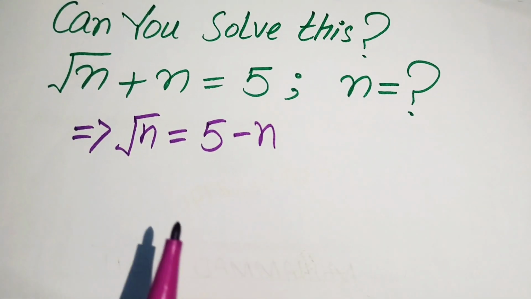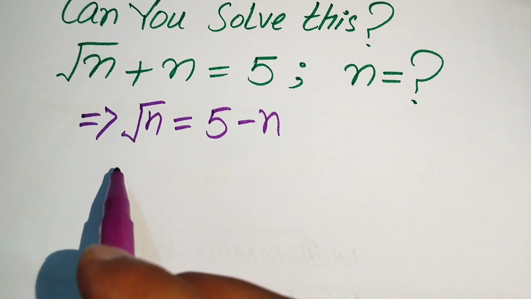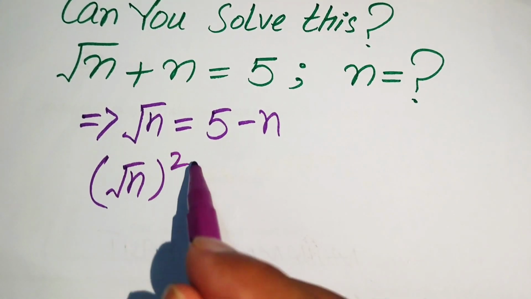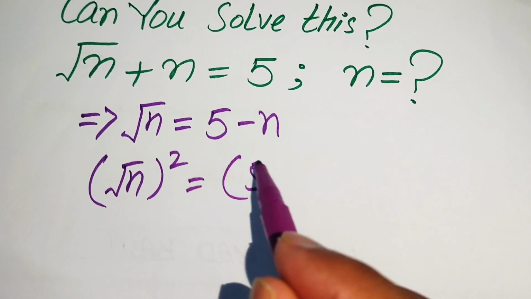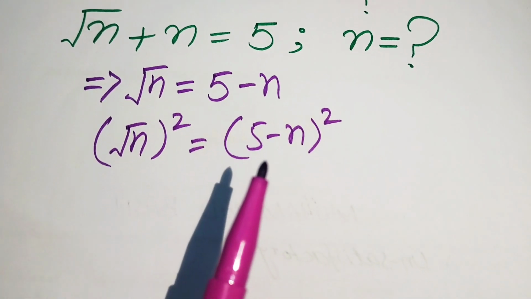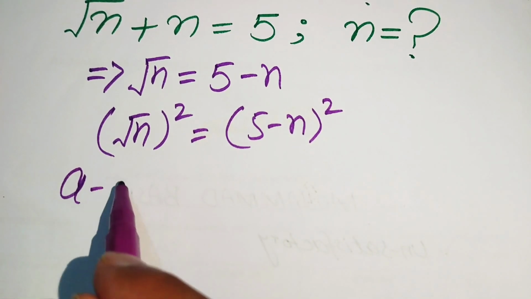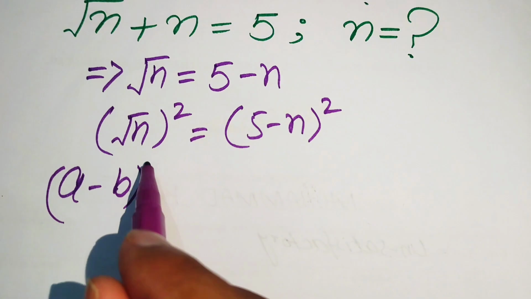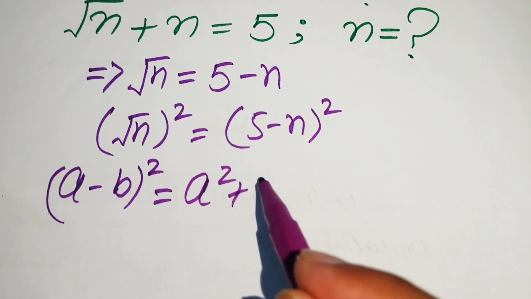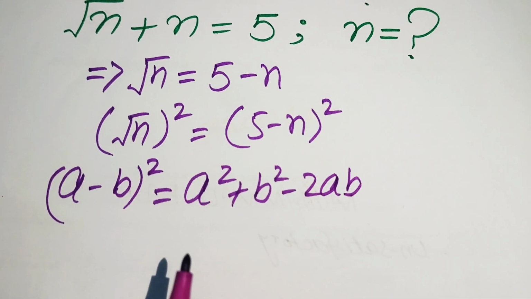And after that, in order to remove this square root sign, we need to take the square on both of the sides, and it will be written in this way. And after that, here we need square identity in the right hand side, and we know that if we have a minus b whole square, it is equals to a square plus b square minus 2 times of ab.